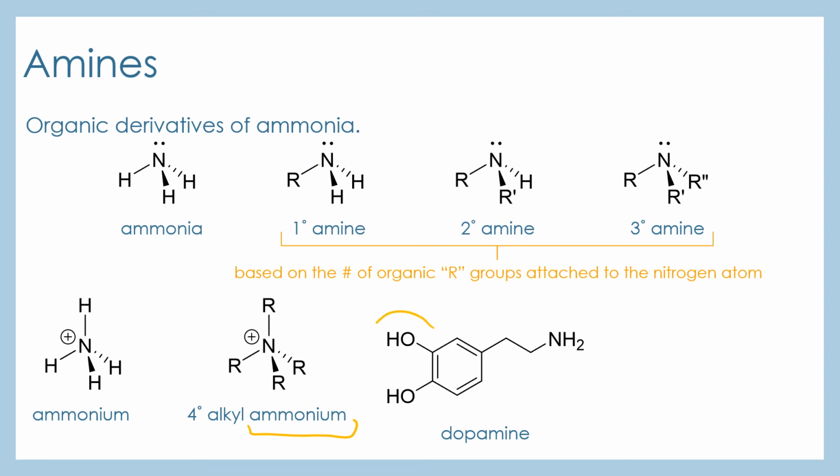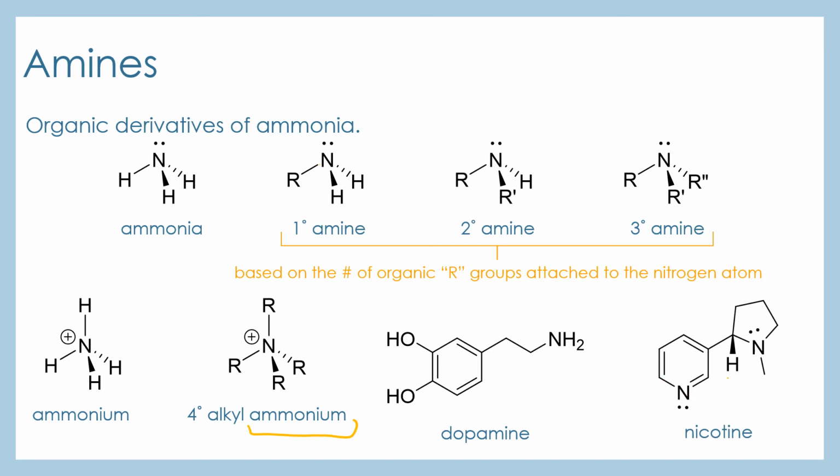We also have these 2 phenol groups over here. And when you have 2 phenol groups that are on adjacent carbons, it's called a catechol. And so this is a very specific subgroup of organic compounds called a catecholamine. And if you look into that, you get into all sorts of fun biomolecules.